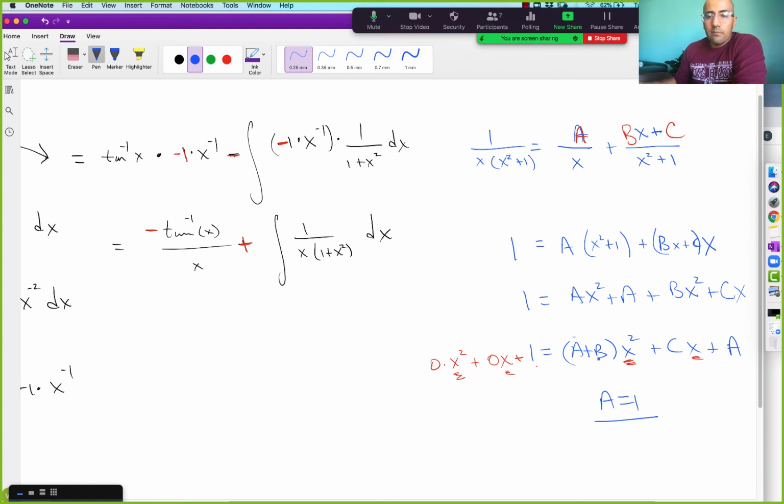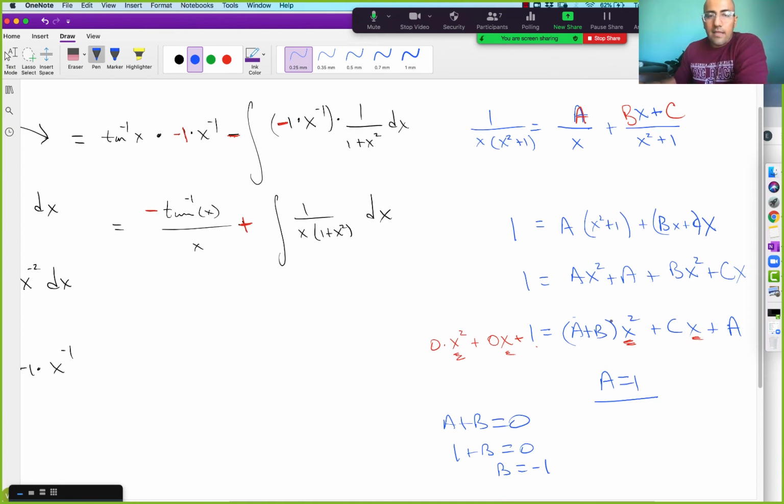Good. I can conclude that the b must be negative 1, because it must be true that a plus b equals 0. Right? A plus b, this part must be the 0. And the a was a 1, plus b equals 0. Therefore, b must be negative 1. So I have 2 down. And the last one here is another obvious one.